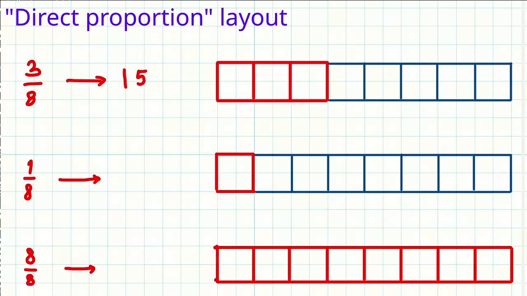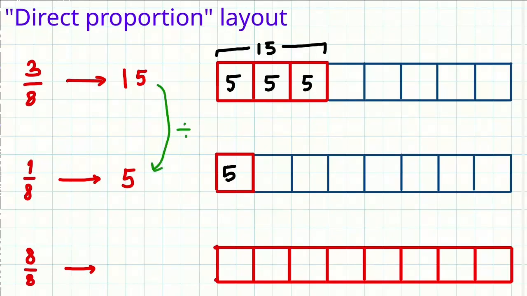So suppose we're told that 3/8 of a number is 15, and we want to find the original number. On the right I've got a picture to represent the fraction, and we're told that 3/8 is 15. Now we can use this to get 1/8, because 1/8 has to be 5. That's 15 divided by 3, because 5 plus 5 plus 5 is equal to 15. So our first step is to divide by 3.